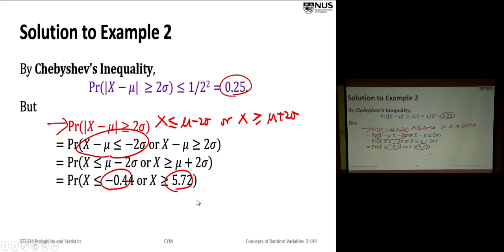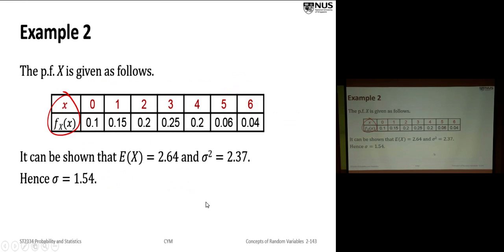So now I go back to look at the chance of x less than minus 0.44. Minus 0.44 is here, which means that you have zero probability of x less than minus 0.44.